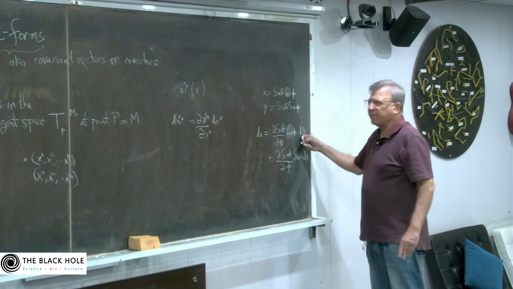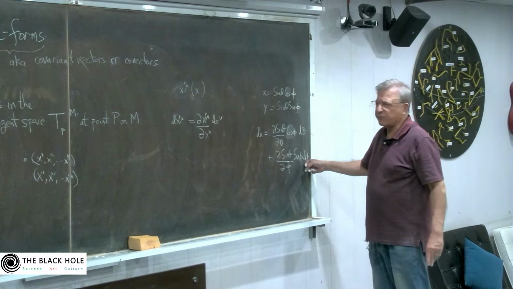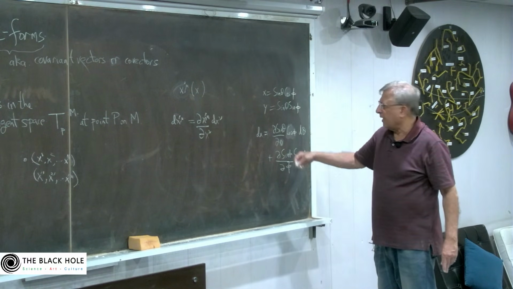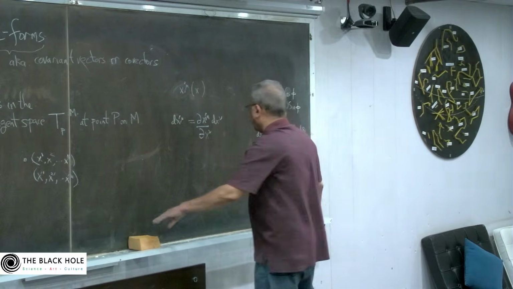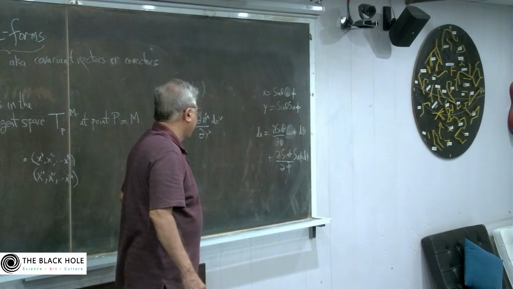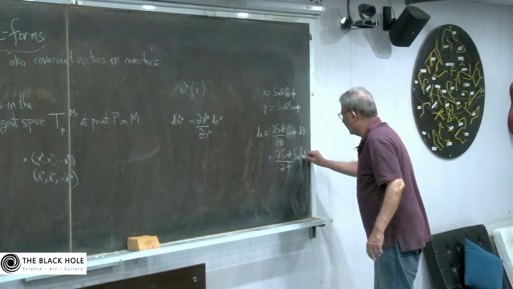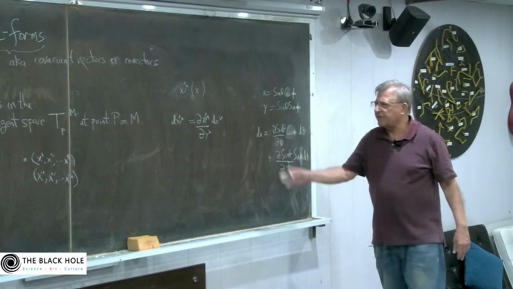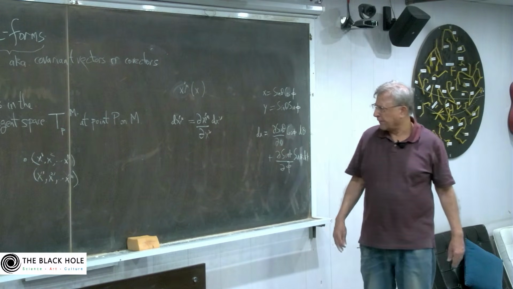How much it changes when you change theta, how much it changes when you change phi, and that's what this is telling you. d sine phi by d phi and then sine theta. So it is just the chain rule over here.